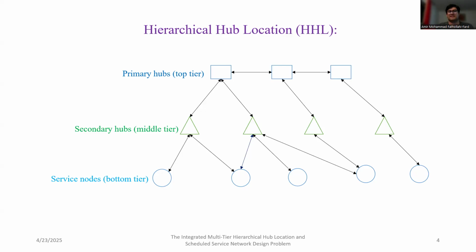So these service nodes are located in very different zones. And to facilitate the movement between these zones where the customers are located, we provide the different secondary hubs and primary hubs where we can move and transport the shipments and demands between these hubs in our hierarchical system.